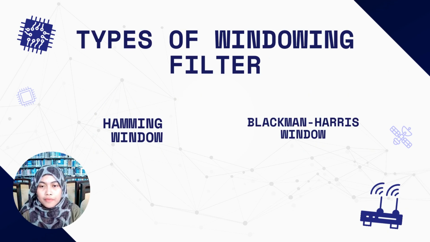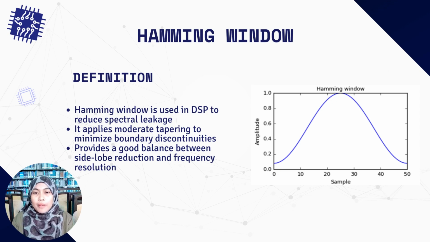Next, the types of window filter we chose are the Hamming window and the Blackman-Harris window. For the Hamming window, the definition: the Hamming window is used in DSP to reduce spectral leakage. It applies moderate tapering to minimize boundary discontinuities and provides a good balance between side lobe reduction and frequency resolution.